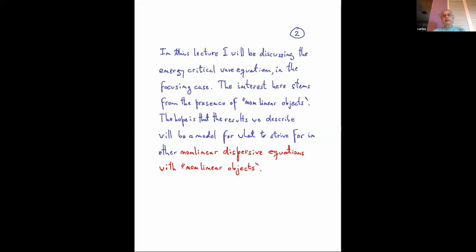I will clarify what I mean by that later on. And even though we're concentrating on this specific equation, the long-term goal and the hope is that the results we describe will be a model for what to strive for in other nonlinear dispersive equations with nonlinear objects.